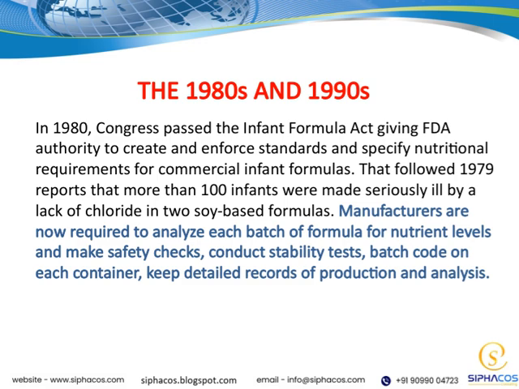All these measures show how regulation evolved to better protect our most vulnerable, infants, by ensuring the formulas they rely on are safe, nutritious, and consistently produced. This period really marked a turning point in safeguarding infant health through stricter standards and oversight.